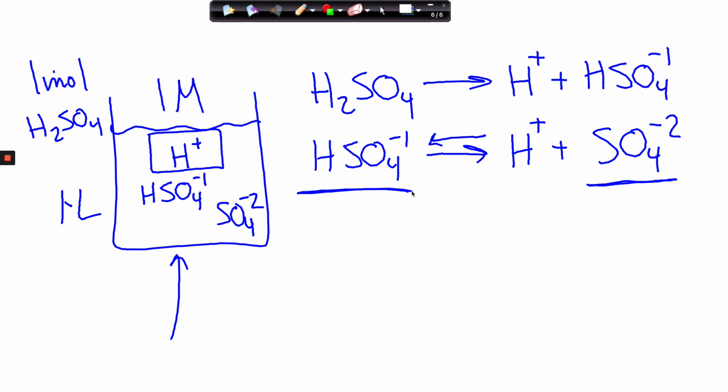Guys, what we need to know is the Kc value for this equilibrium. If the equilibrium lies strongly to the right, we would have more SO4 2-. If the equilibrium lies to the left, smaller or larger than 1, then it would be more of the H2SO4.